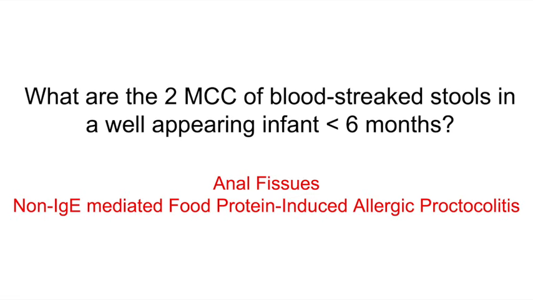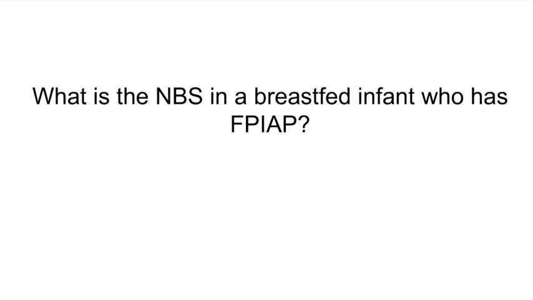It's also important to note that the latter condition is most common at age 1 to 4 weeks. What is the next best step in a breastfed infant who has FPIAP?